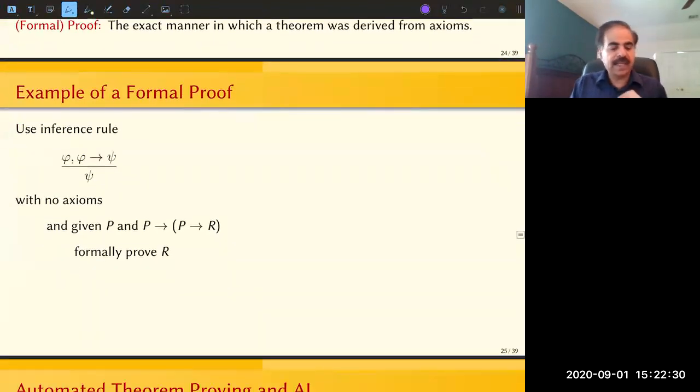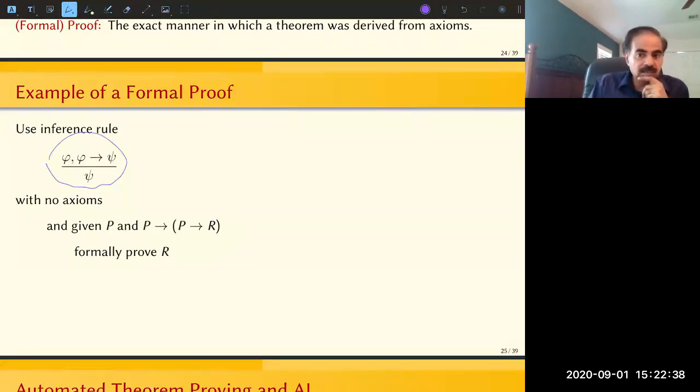Let's take a very simple example here. You are given this inference rule, and let's say you are told that these two are true: P, and P implies R. Then how can you formally prove R? So we write down what we know.